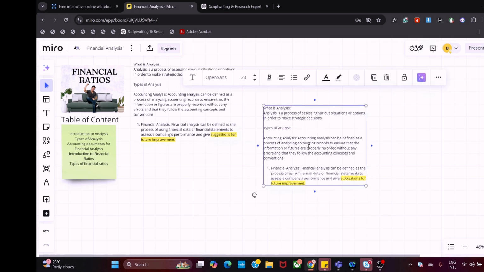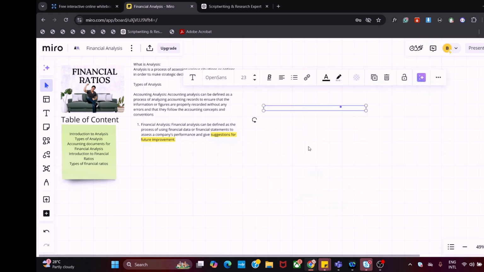So another thing we have to look at is the types of financial analysis. Financial analysis has various types. In the course of this video, we are going to be looking at three types of financial analysis. The first type is the horizontal financial analysis.